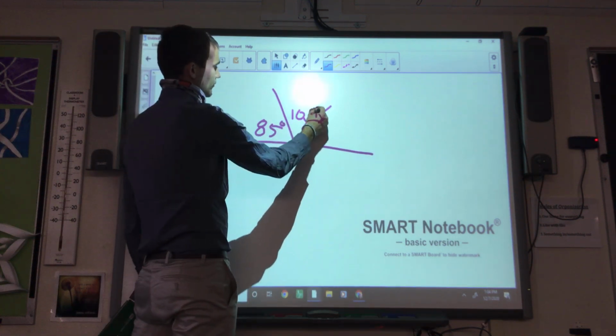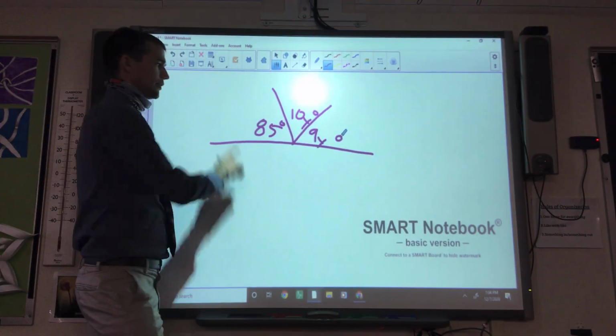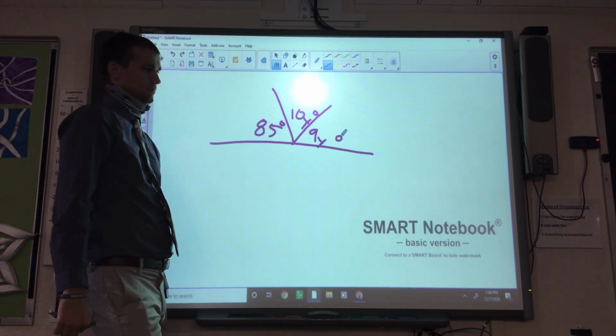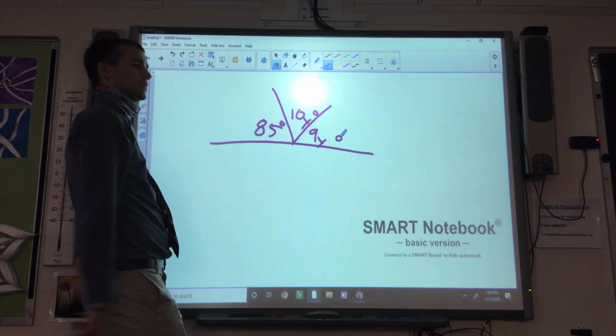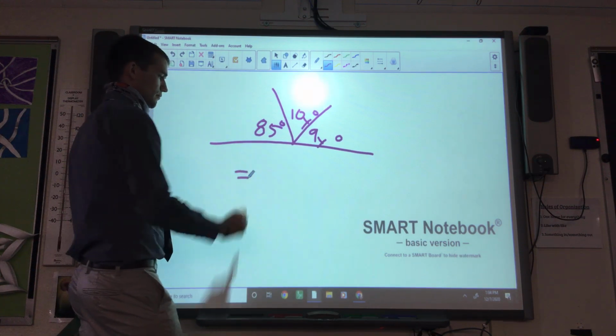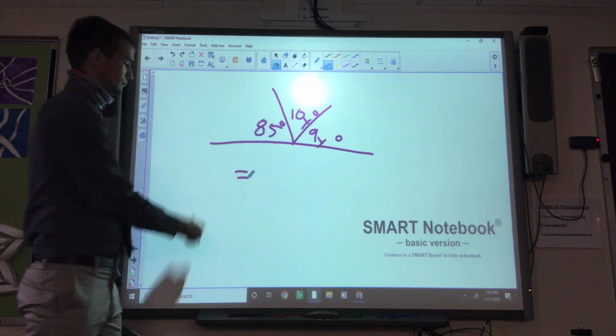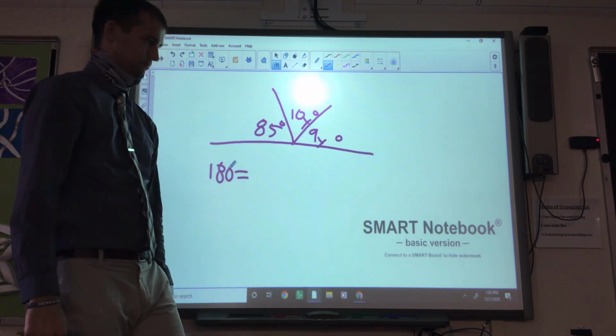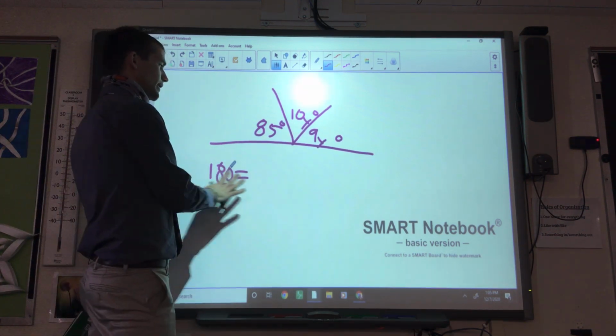These are degrees, obviously. How do you figure out what y is? First of all, what would you do to set this up in the first place? I know 180 minus 85. I want to know how to set it up first, not just how to do it. 180 equals what?